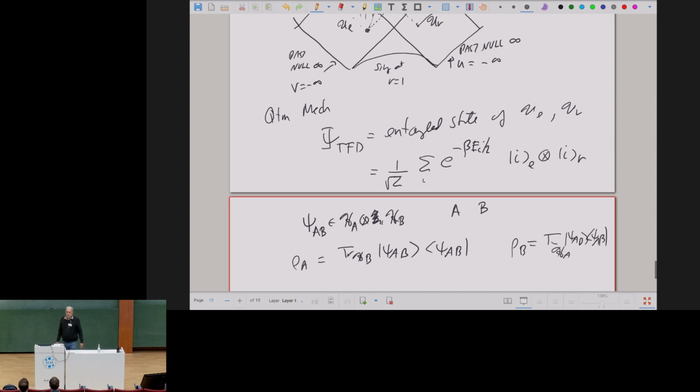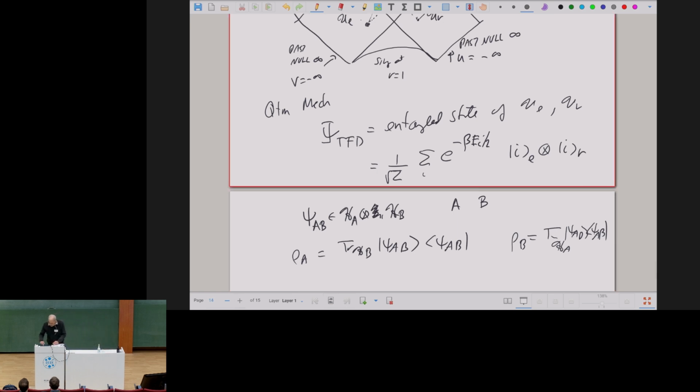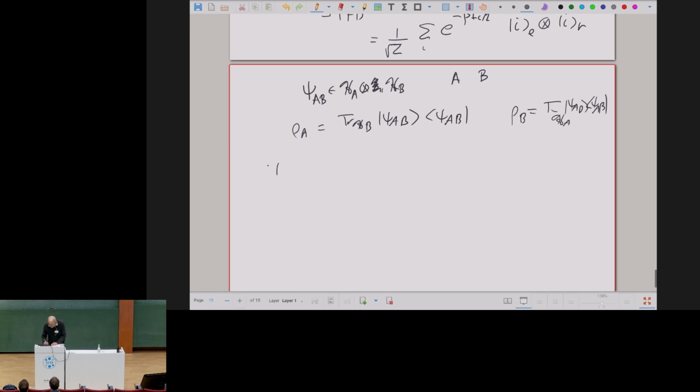Everything I can do, assuming I'm in lab A, is to make measurements in rho A. Everything you can do is to make measurements in rho B. If I manipulate the state, so if A manipulates the state, A can operate by psi AB going to UA tensor 1 on psi AB.